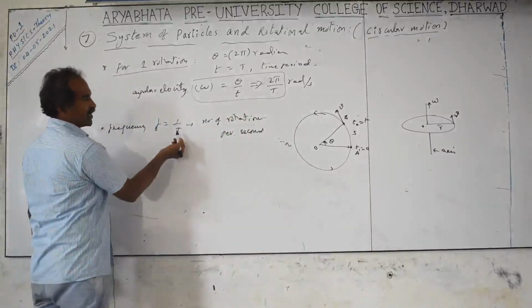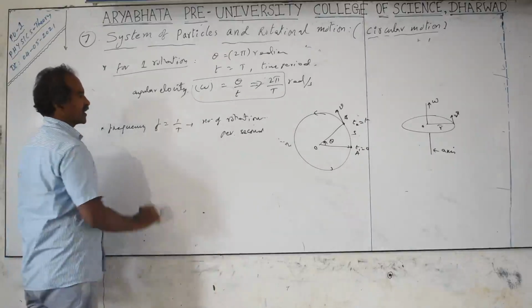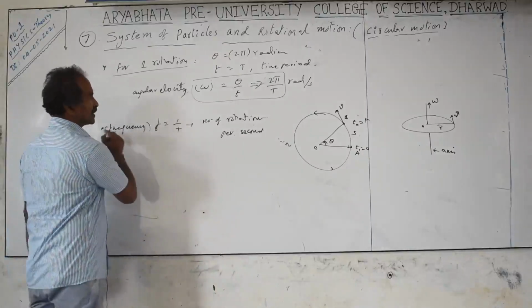The units will be per second, 1 by second, or hertz also can be taken as the unit for this frequency, number of rotations per second.